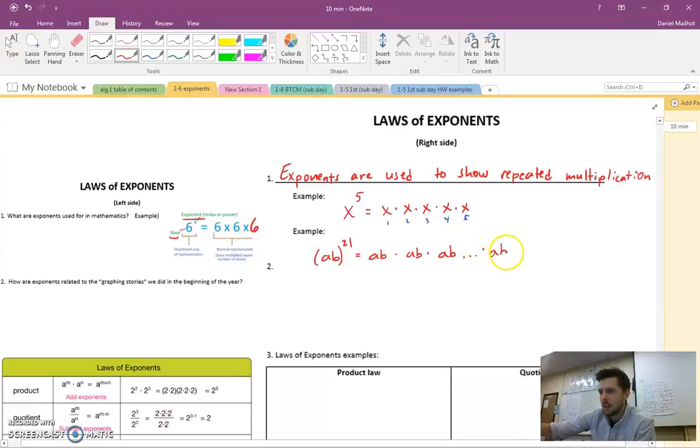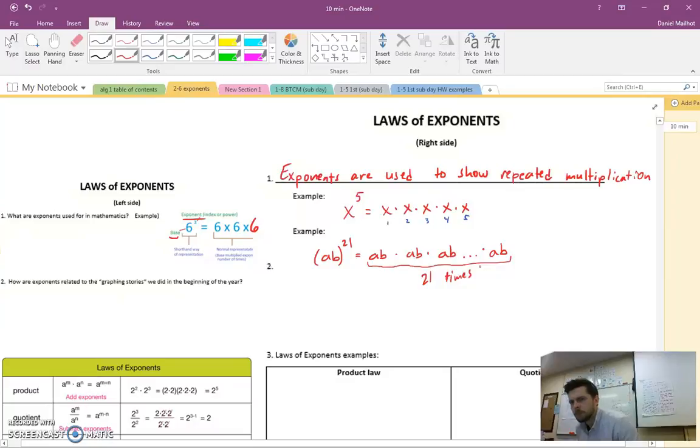Times AB. Now, you can't just leave the dot, dot, dot right there. Make a little note that says, if you had 21 of these, if you did it 21 times, that would also be a representation. Okay.